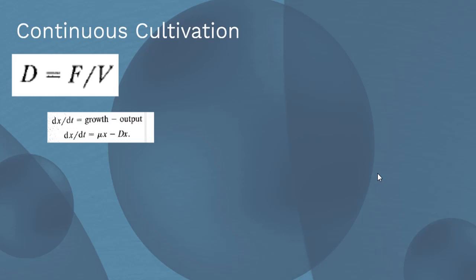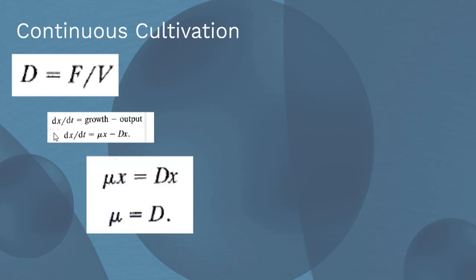The change in biomass concentration is the difference between growth of cells in the reactor and the output of the system. The continuous system of cultivation is expected to operate at steady state conditions, and as at steady state conditions there won't be any change in biomass concentration, the specific growth rate will be equal to dilution rate, and it is determined that the dilution rate affects the specific growth rate in the system.